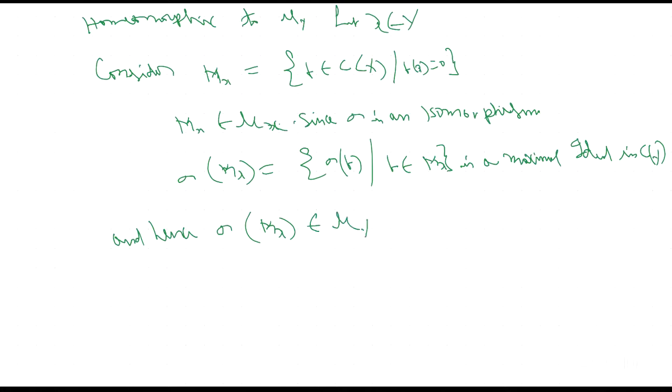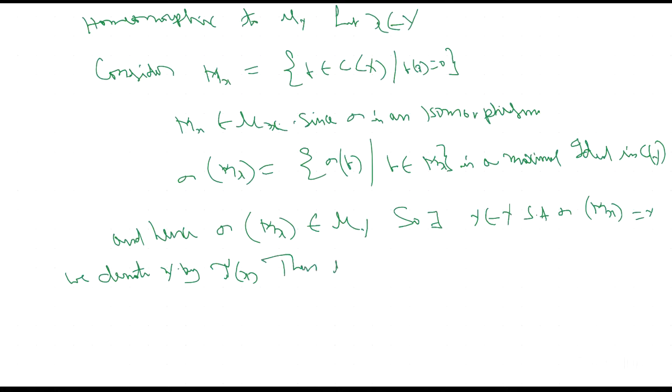So there exists a small y belonging to capital Y such that sigma of m of x equals y. We denote y by tau of x.